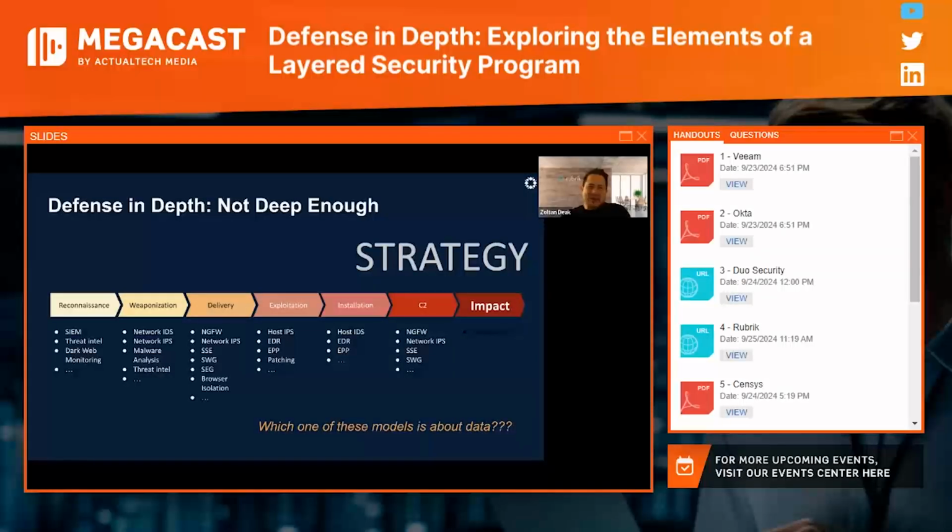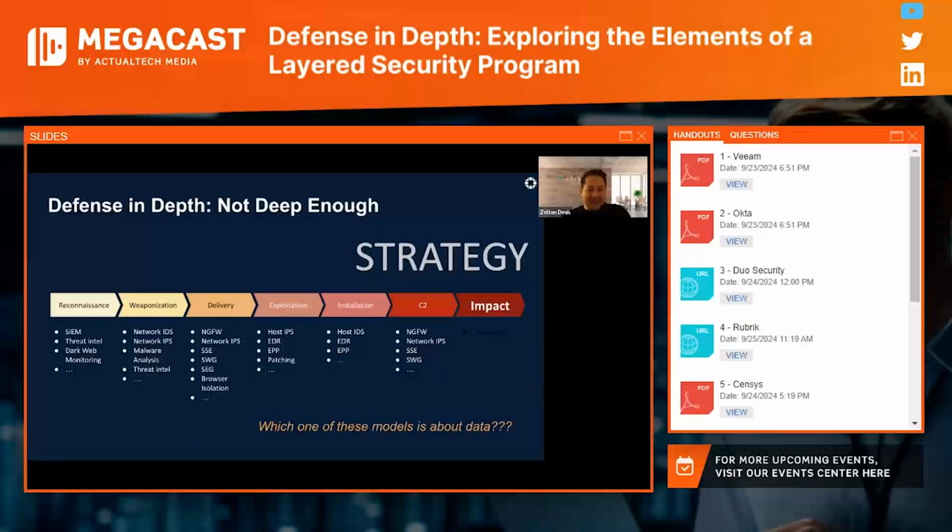And I always ask the question, which of these tools is about defending your data specifically? All of these tools are really about preventing unauthorized access to your infrastructure. So there's nothing that has a sense of what your high value data is, your sensitive or regulated data. There's nothing that has a sense of where that data is or who has access to it.